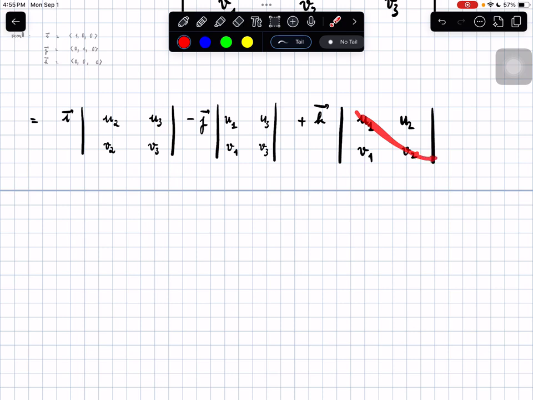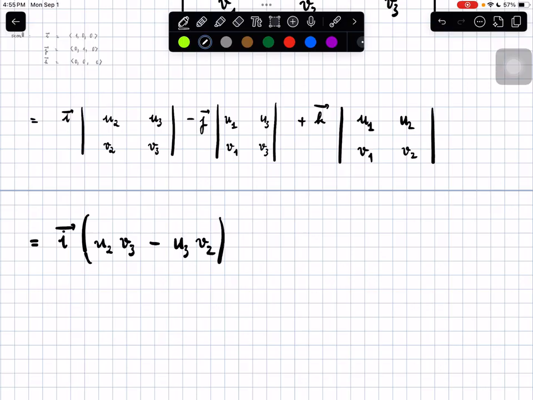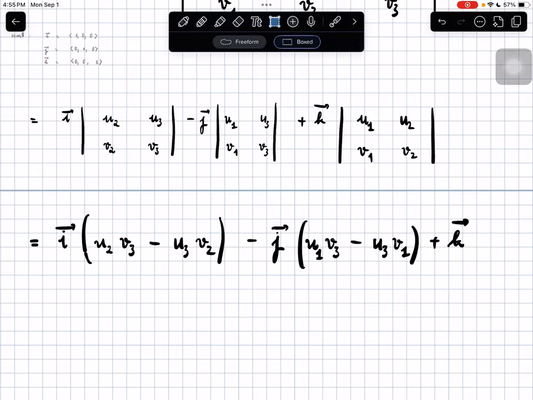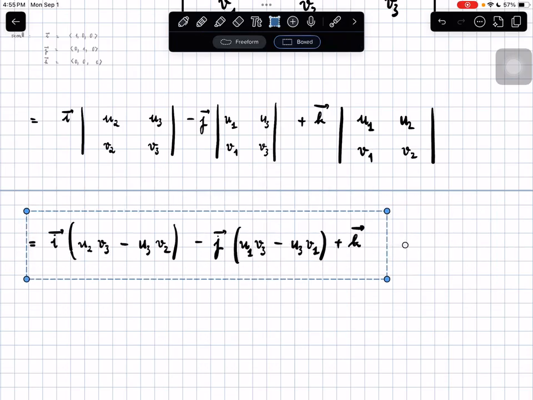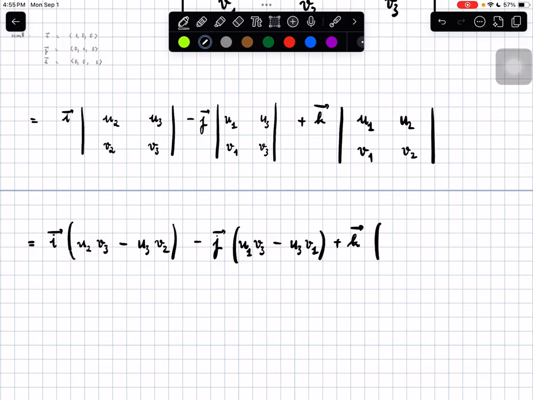So we have i times (u2 v3 minus u3 v2), minus j times (u1 v3 minus u3 v1), plus k times (u1 v2 minus u2 v1).